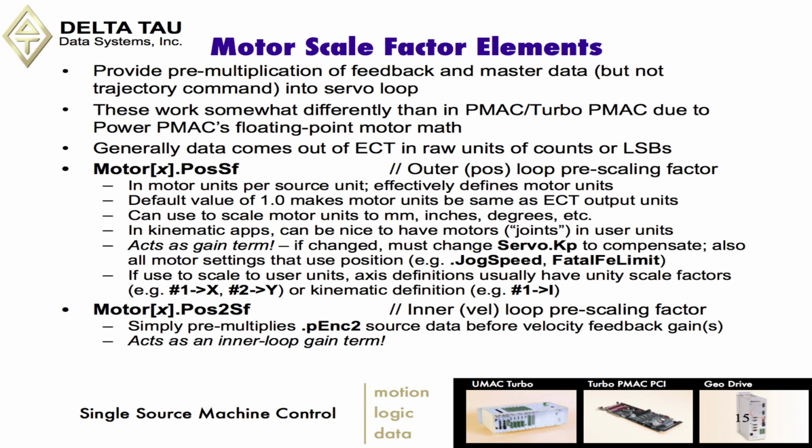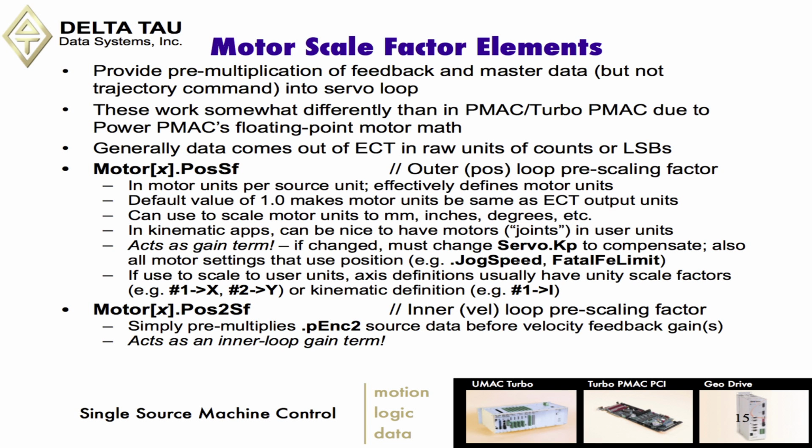A value of 1 makes the output the same as the output of the encoder conversion table. You could typically use this to make your motor units scaled in the value of your actual user units.